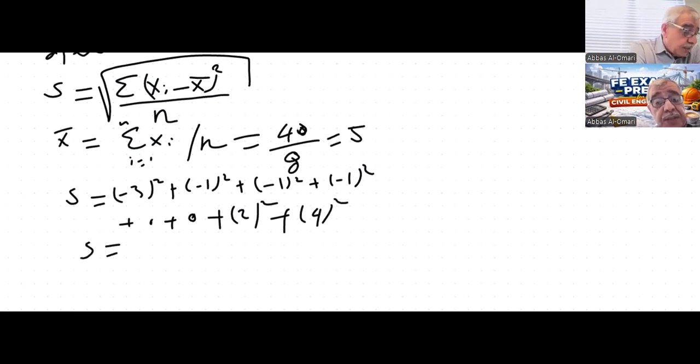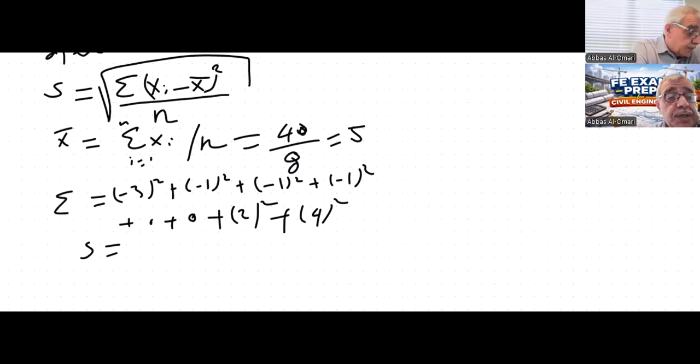So the standard deviation is the square root. Here, we have to take the square root and divide by n. Let me call this summation sigma.